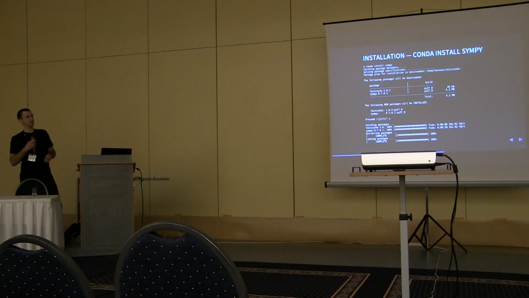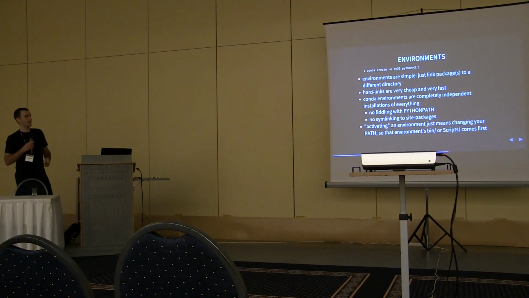This is where the SAT solver kicks in, and it will at this point figure out that SymPy requires mpmath, and mpmath is the last dependency, and this is all. Right, download stage and linking stage, and basically we are done. Okay, with environments, the story is that you use conda create.